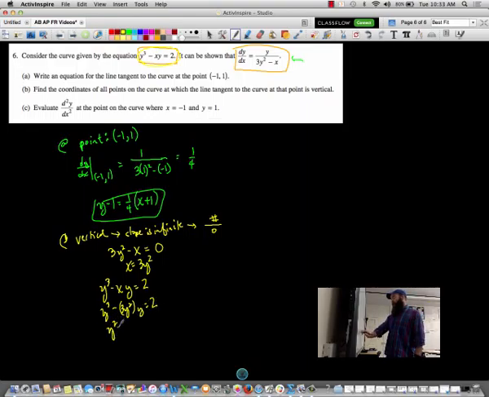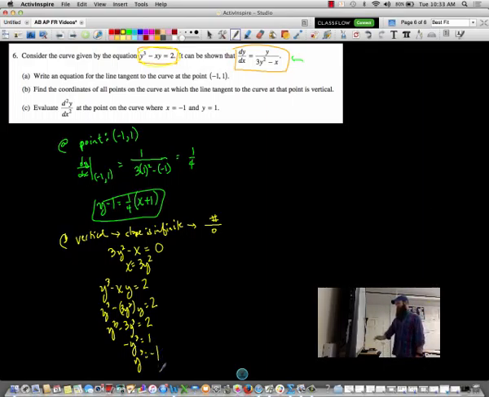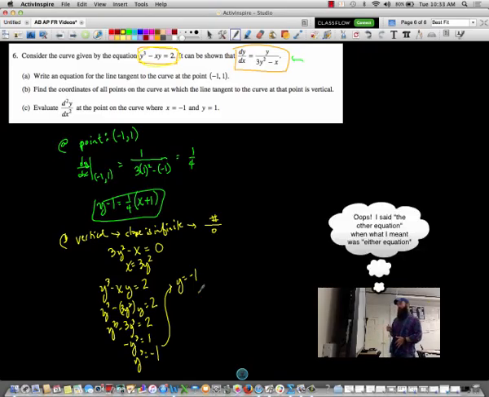And if I solve that for y, y cubed is -1. So y would be -1. So y has to be -1. It also has to satisfy the other equation as well. So I'm going to plug it into the original equation.